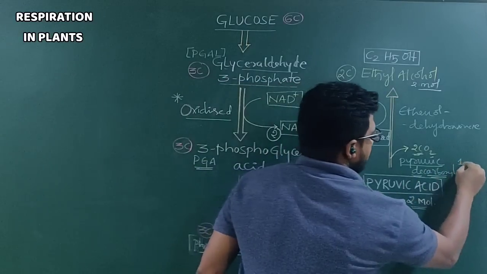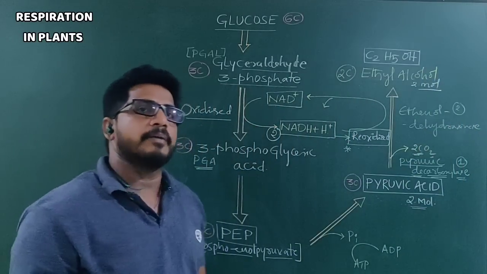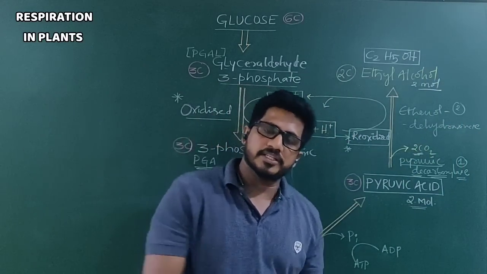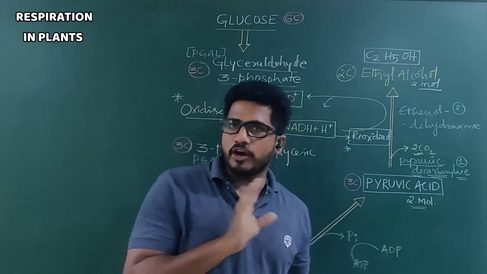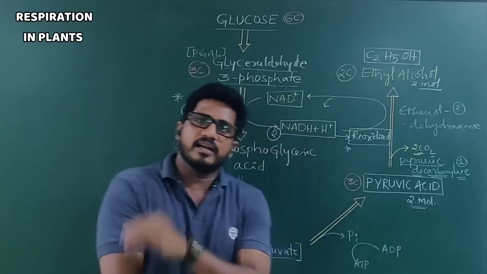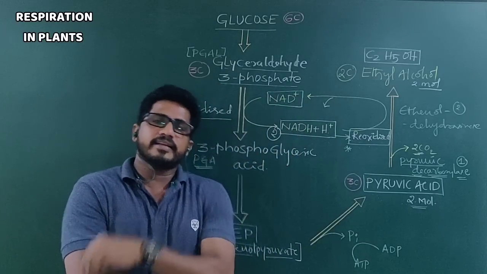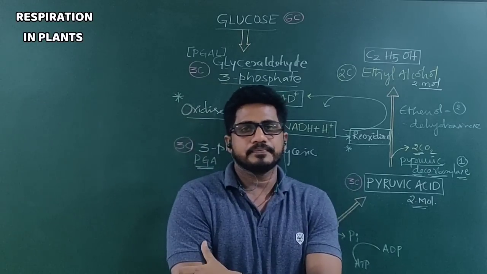So enzyme number 1 and enzyme number 2 are required in case of fermentation. Fermentation is anaerobic respiration. In case of anaerobic respiration which is not fermentation, only one enzyme is required, in case of lactic acid dehydrogenase, in case of acetic acid dehydrogenase, like that.